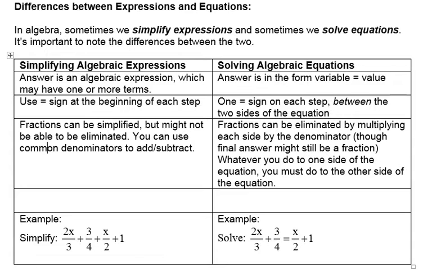In solving an algebraic equation, if we want to get rid of the fraction within the equation, we can do that by multiplying each side by our denominator to get rid of that fraction for that step. In the final step, we may still end up with a fraction, but we can do the steps in between without having to use fractions by using this method of eliminating the fraction.